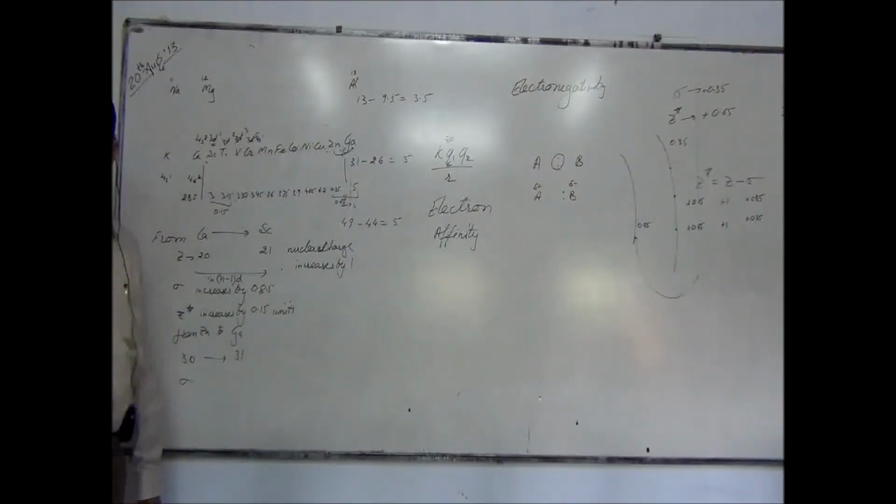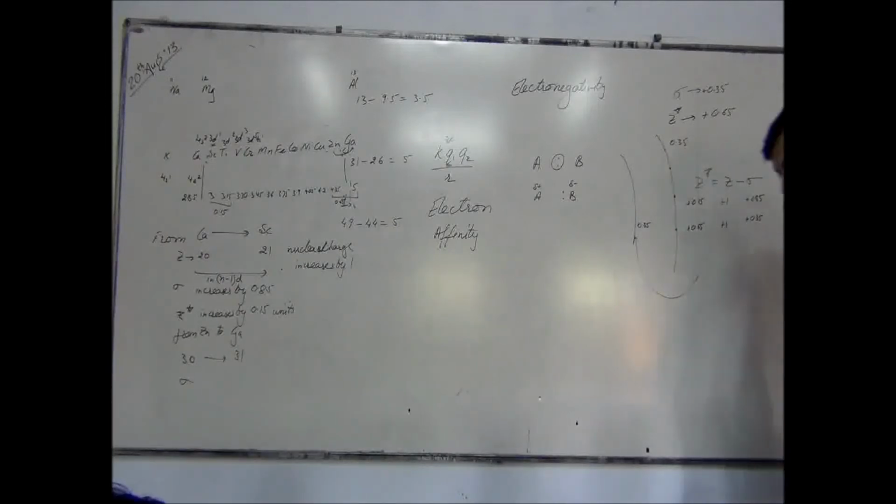Now moving from potassium to calcium, the nuclear charge increases by 1 unit. An electron is added in the outermost shell and the configuration becomes 4s2 from 4s1.